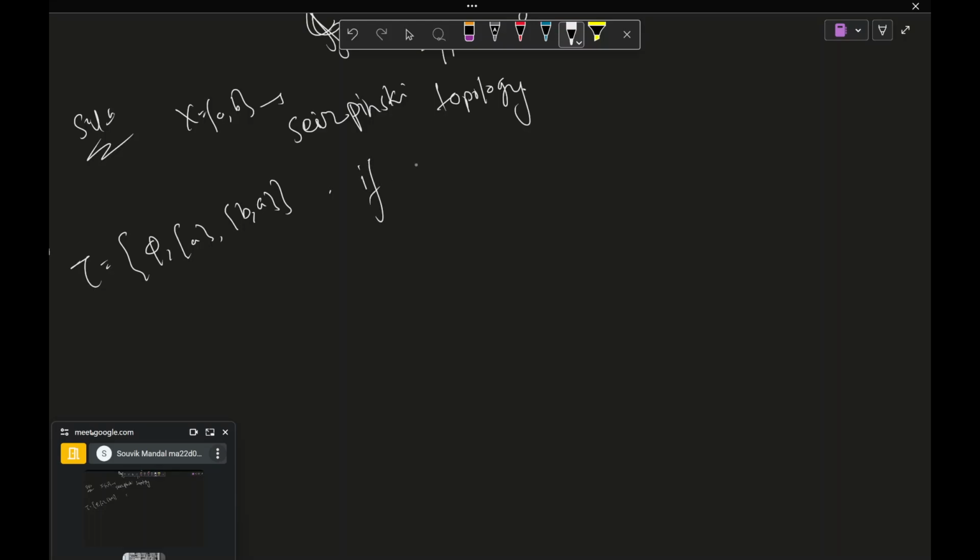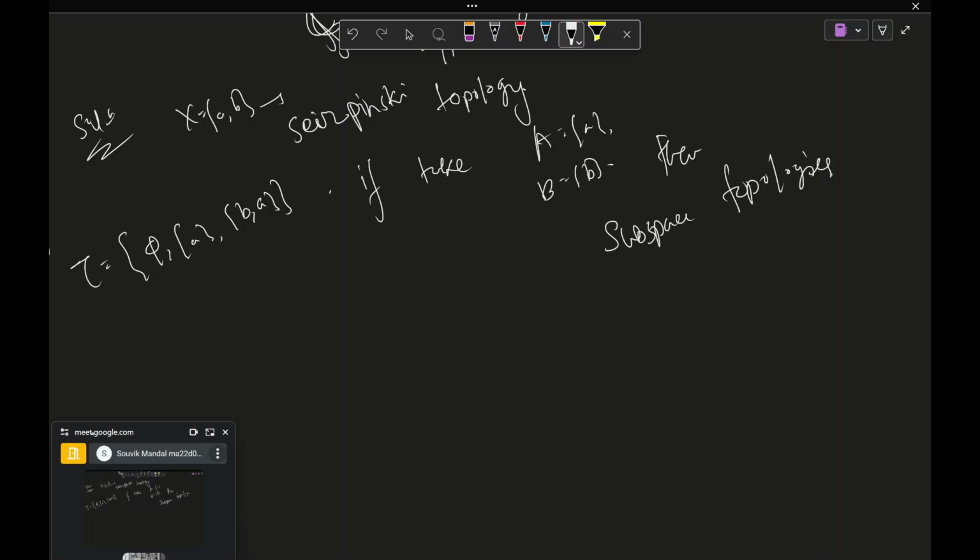If we take capital A to be the singleton {a} and capital B to be the singleton {b}, then the subspace topologies on A and on B are discrete. But of course, as a whole, the given topology is not discrete.